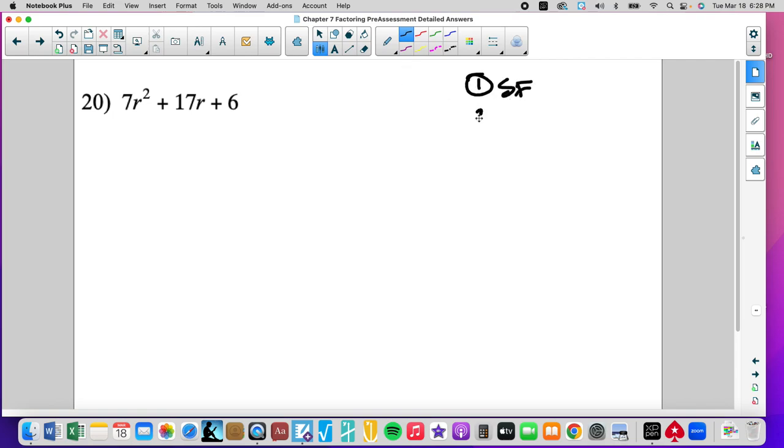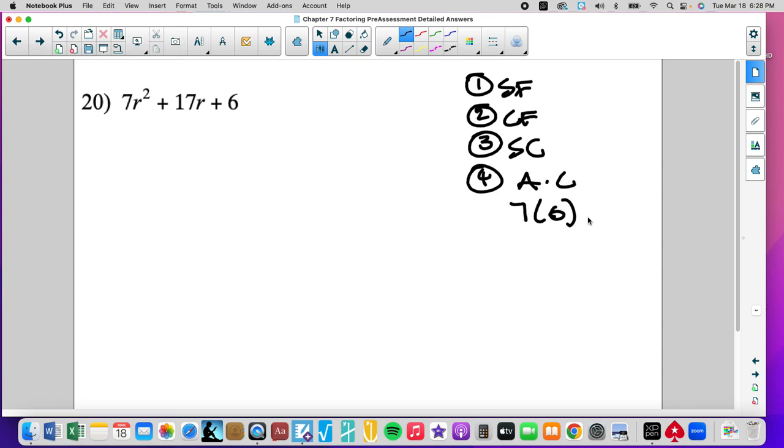Standard form, common factor, special case: yes, no, no. A times C, we'll use this technique, 7 times 6, which is 42. 1 and 42, 2 and 21, 3 and 14, 4, no, 5, no, 6, yes, 6 and 7.